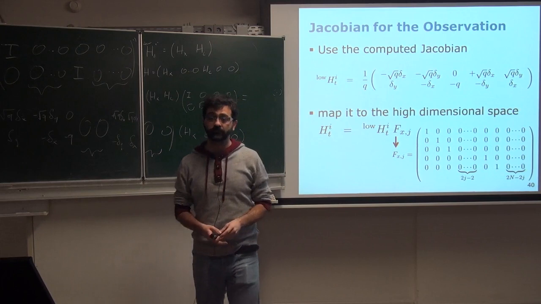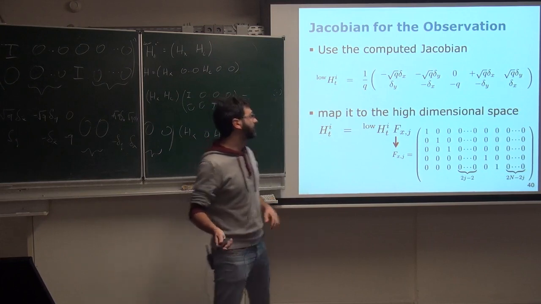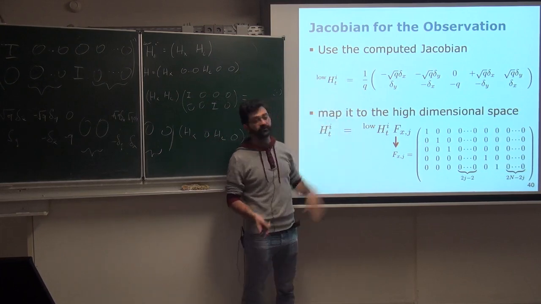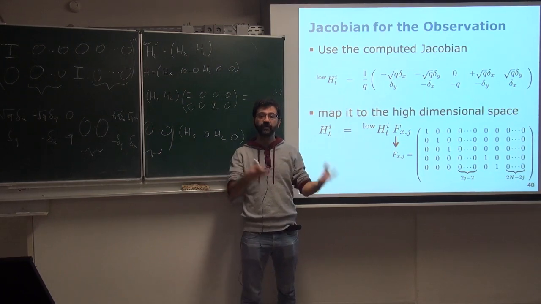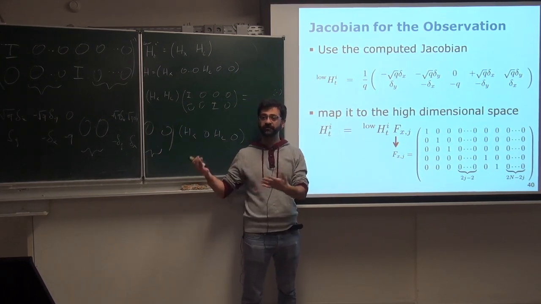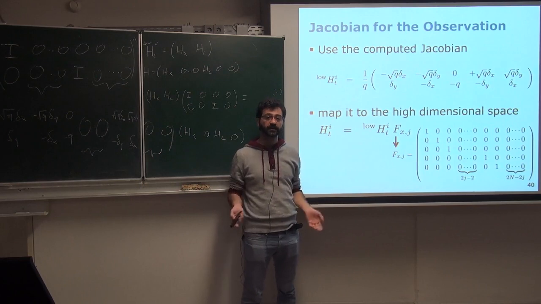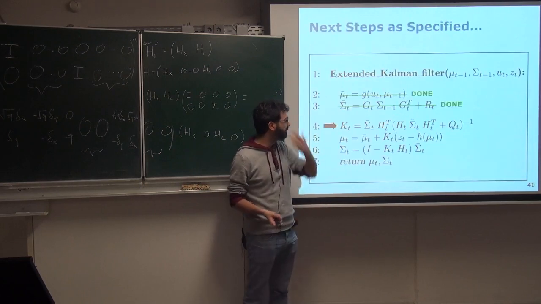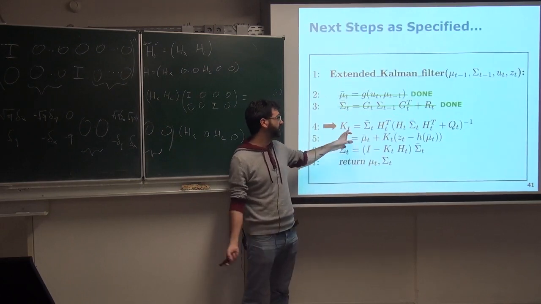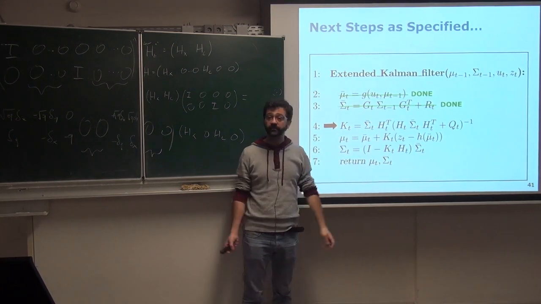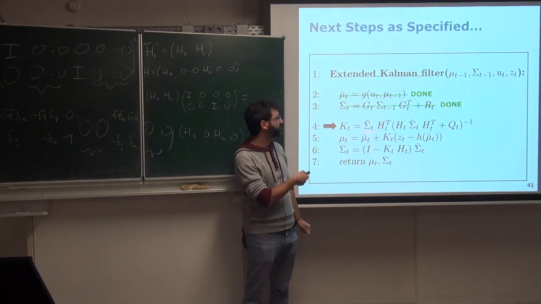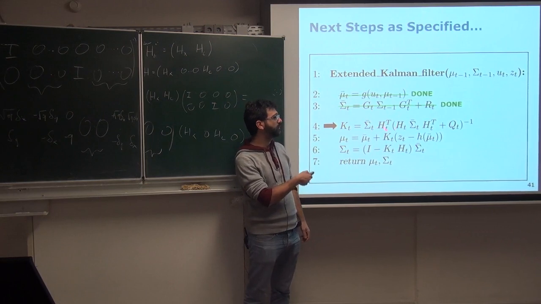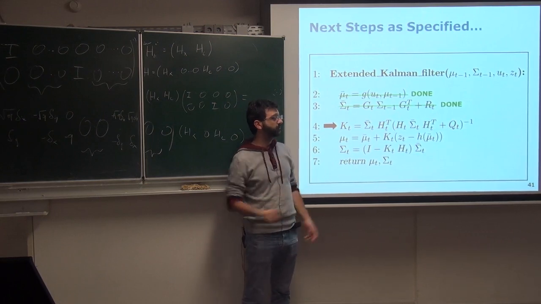Okay. So once the h has been computed, the function, we know the Jacobian of this function, so we know how to approximate it. We can just get back to the Kalman filter, we compute the Kalman gain, we have all the components that we need for the Kalman gain. We have the predicted sigma, we have the Jacobian we just computed, we have our Q that comes from our sensor.